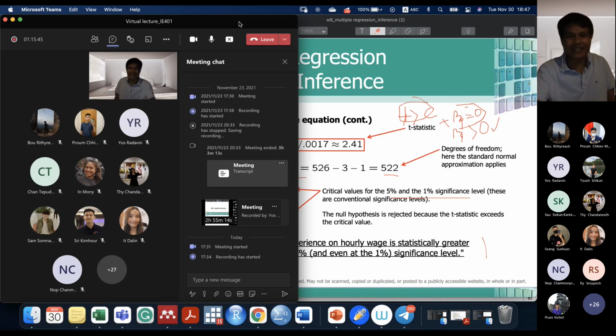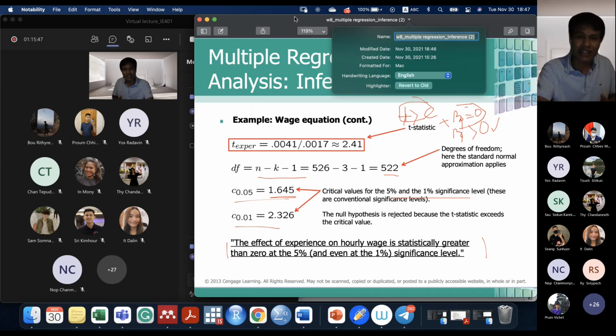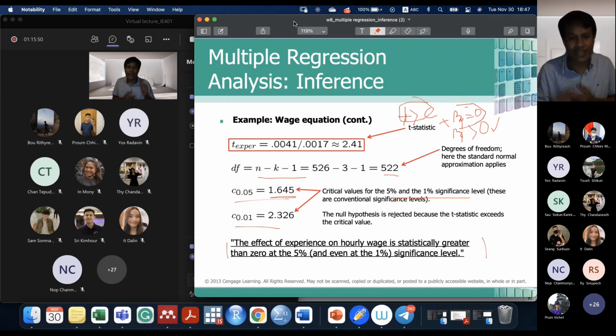All right, let me say this again. If we reject the null hypothesis, we accept the alternative hypothesis. When we accept the alternative hypothesis, we believe that the independent variable of interest indeed affects the dependent variable. But if you fail to reject the null hypothesis, or accept the null hypothesis, you don't have to mention the alternative hypothesis.